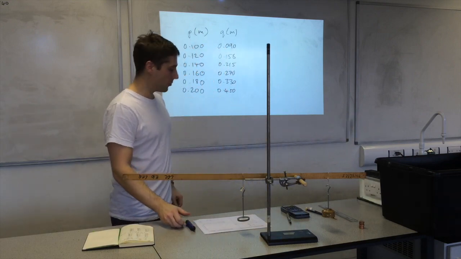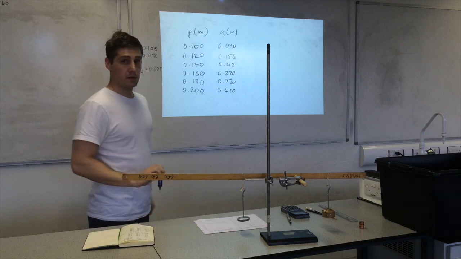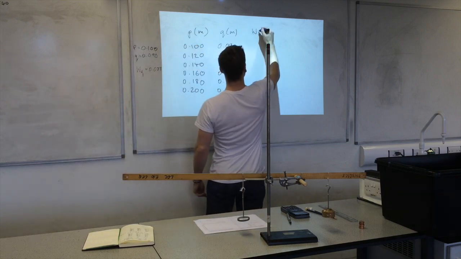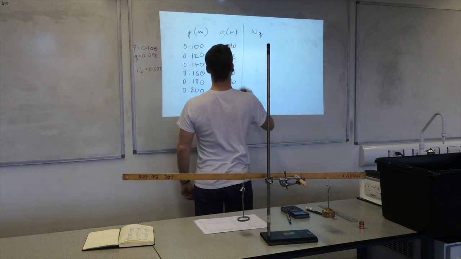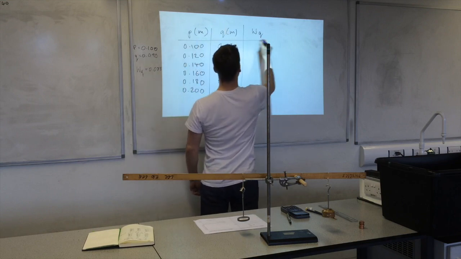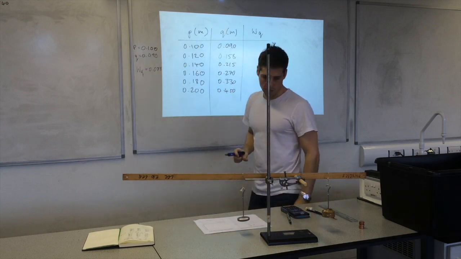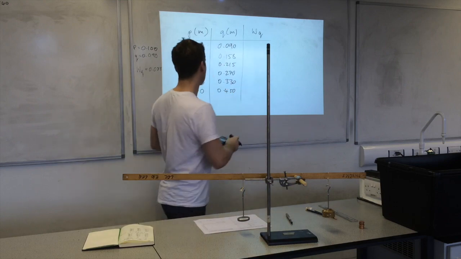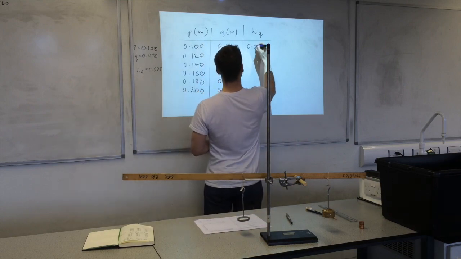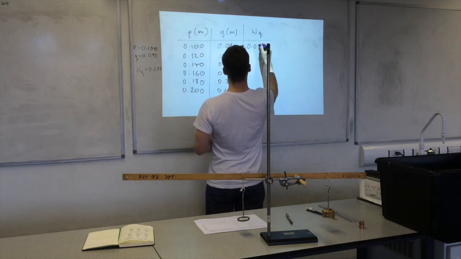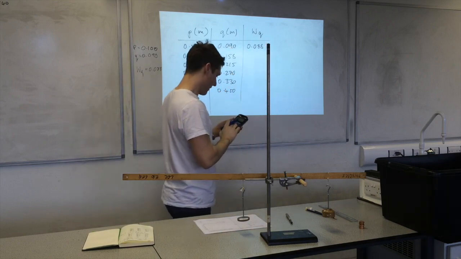So that's important. Next, WQ. Need to calculate that. Put some lines in here. Alright, so let's put these in. I've got this one already, 0.158.